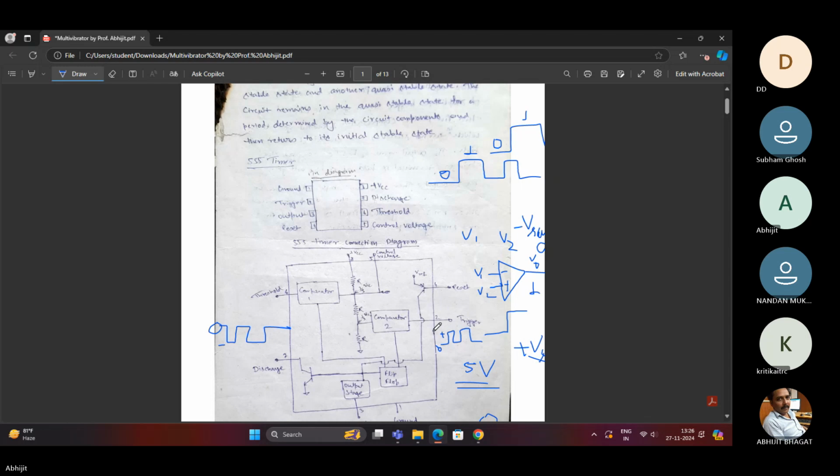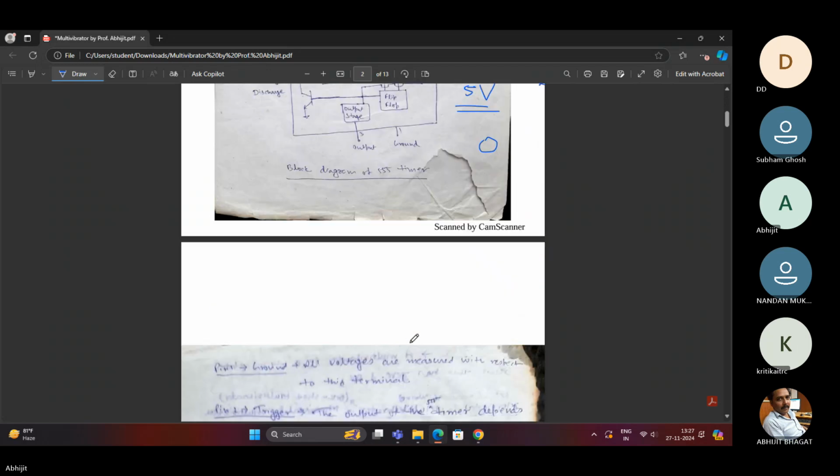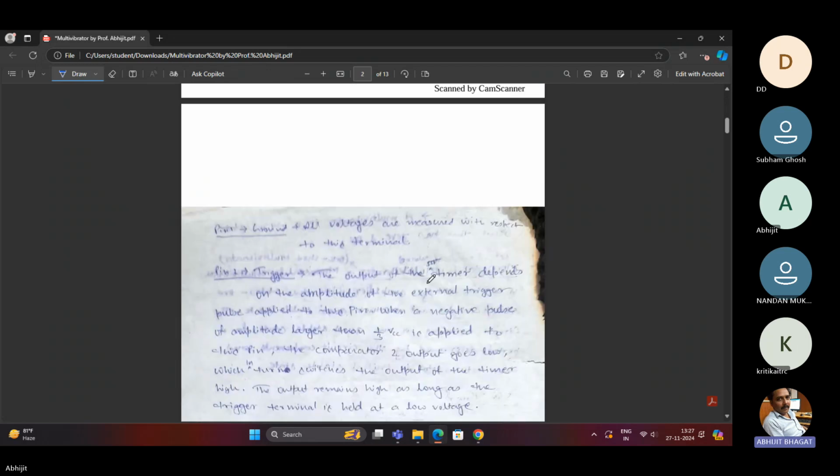So this trigger is one of the input terminals of comparator 2. The output of the second comparator depends on the external trigger pulse applied to this pin.